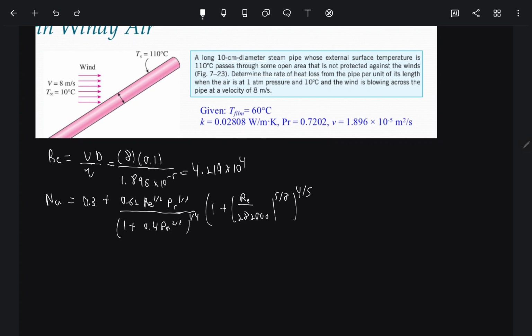So we can just substitute those in, plug in the Reynolds number here, and plug in the Prandtl number over here and over here. Be very, very careful with these parentheses though, so you don't accidentally mess anything up. But assuming you don't mess anything up when typing things into your calculator, you get that your Nusselt number is 124.